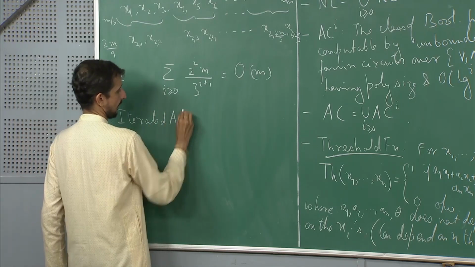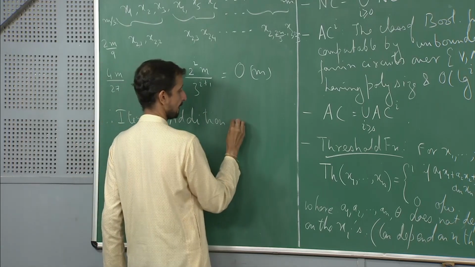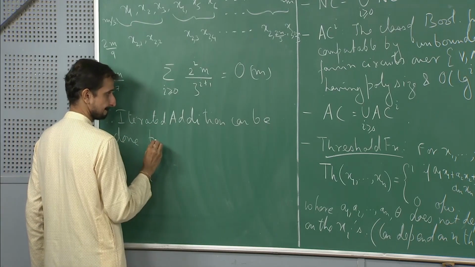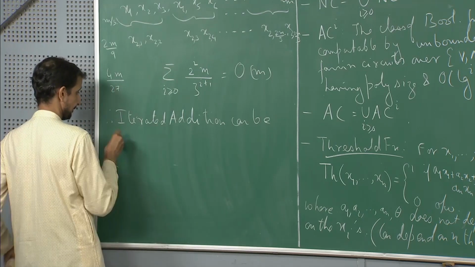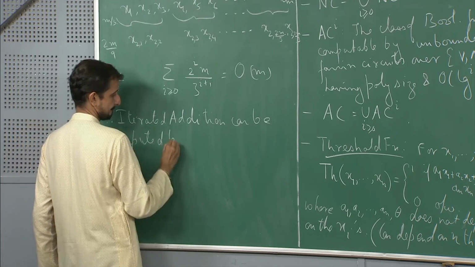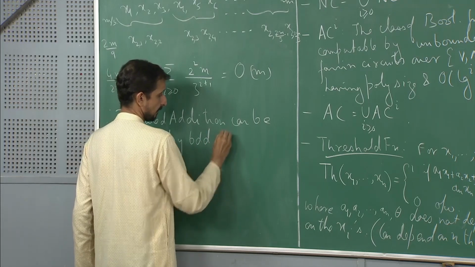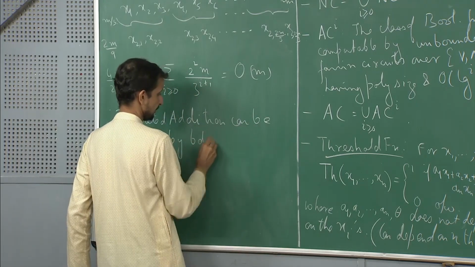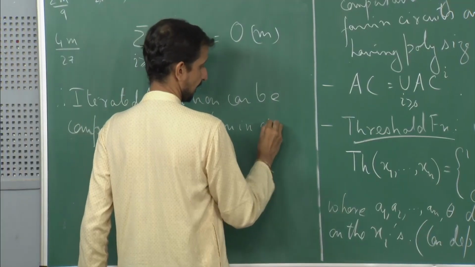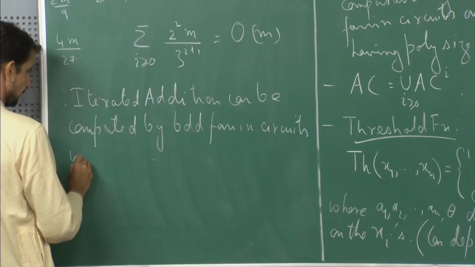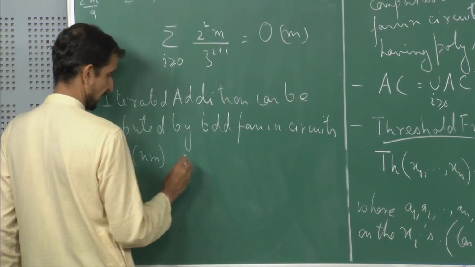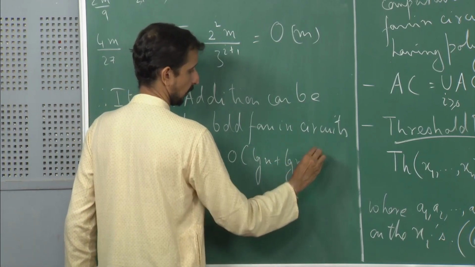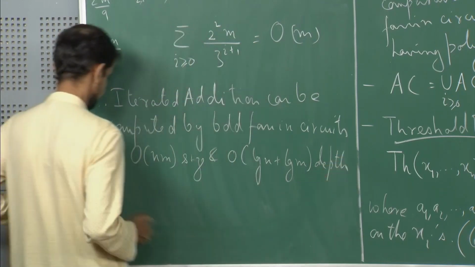iterated addition can be computed by bounded fan-in circuits of order nm size and order log n plus log m depth.